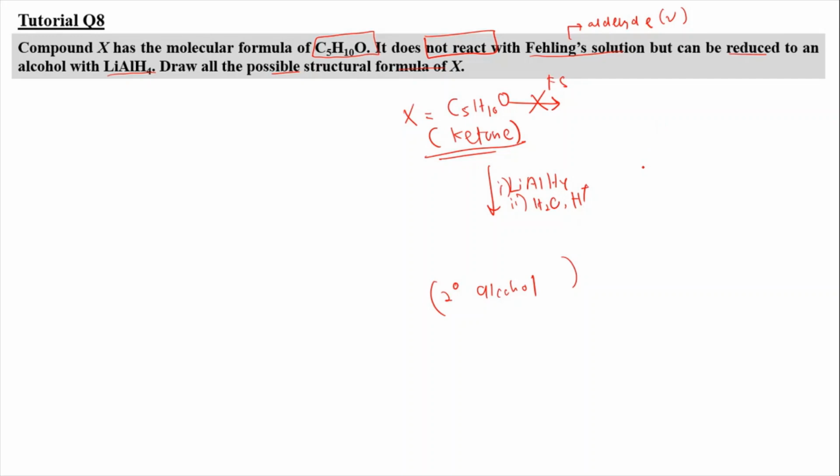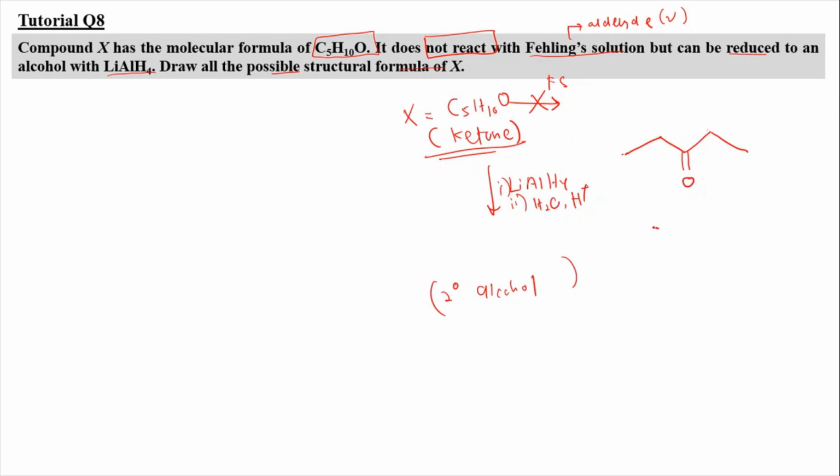So I know that I need to make 5 carbons. So 1 2 3 4 and 5. Okay, and I need to make a ketone, so let's say I make it at the middle first.